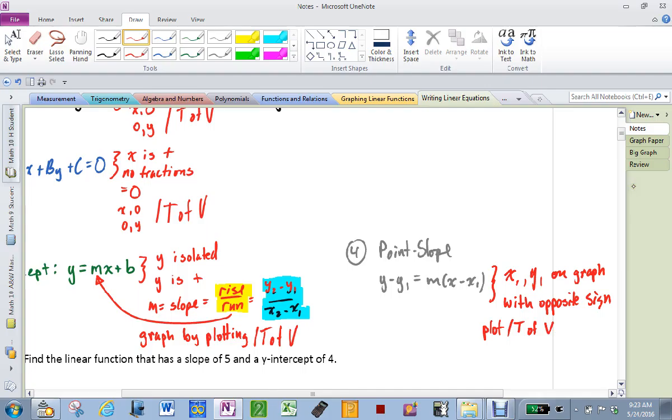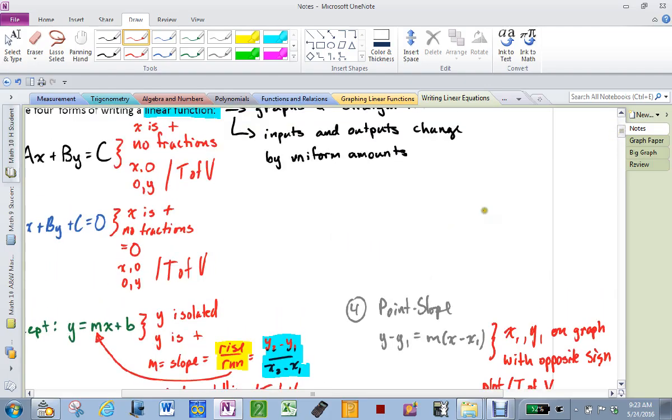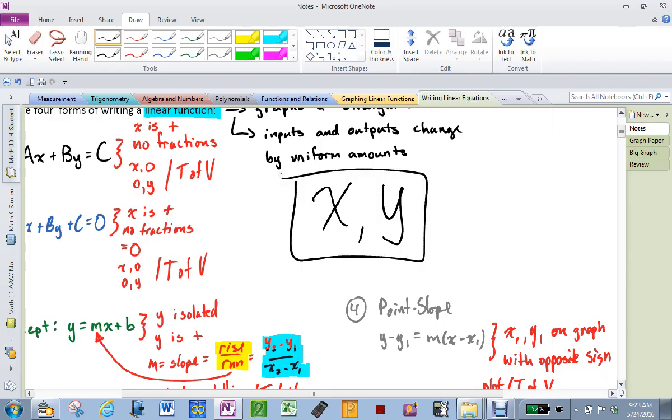What is the number one thing you need to remember? And hopefully you've left a bit of blank space somewhere, like I did. The number one thing to remember is X, Y. Highlight it. Box it. Do something with it.